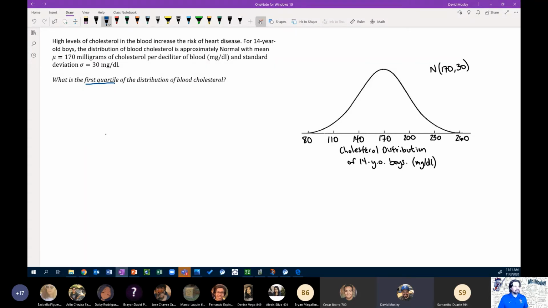All right. The first quartile goes along with the 25th percentile, right? The first quarter, so to say. So this is the 25th percentile.